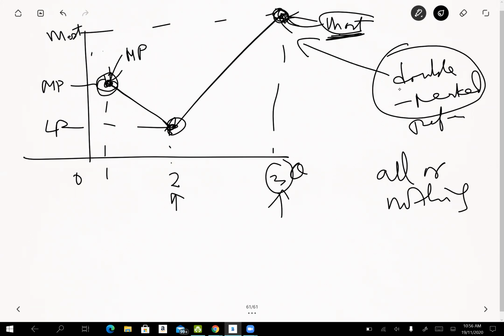He won't settle for, say, 5,000. Either I get it or I don't. So if you have this kind of people, the people with double peak preference, then the outcome of voting may not be consistent.